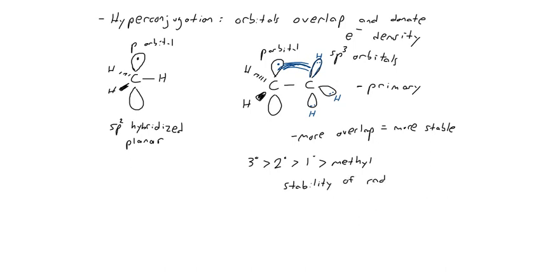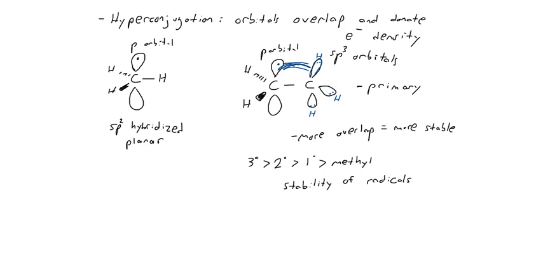And right now we're talking about radicals, but we will find out that we can use similar ways of looking at this to apply to different systems as well, maybe cations or anions.